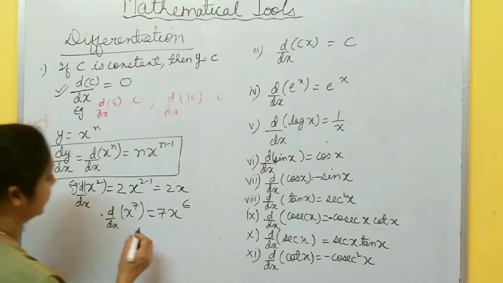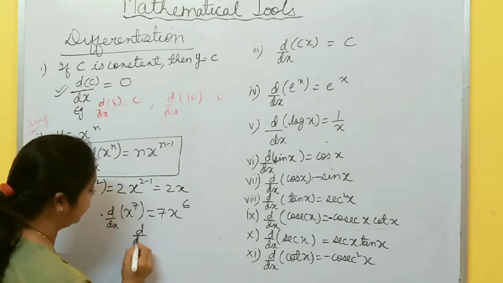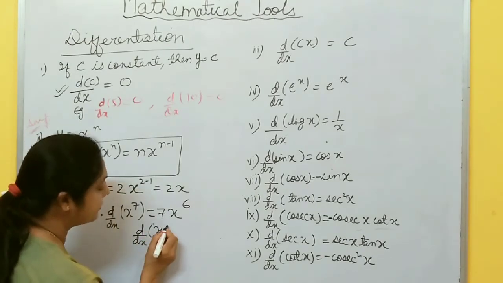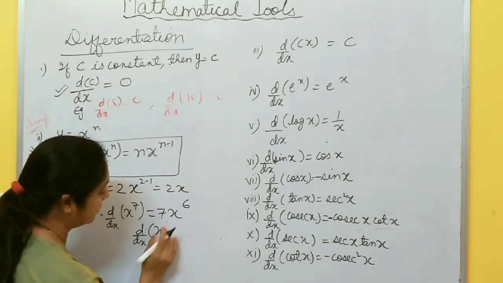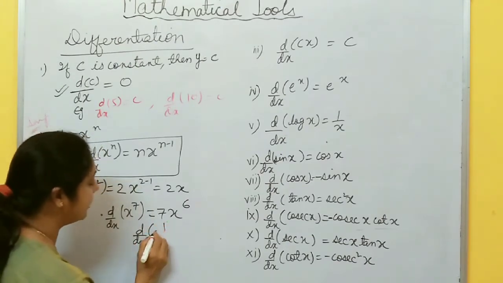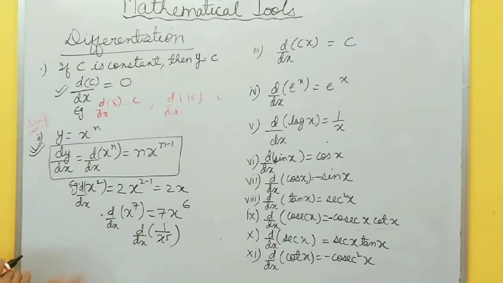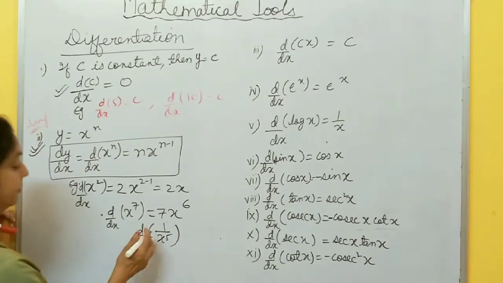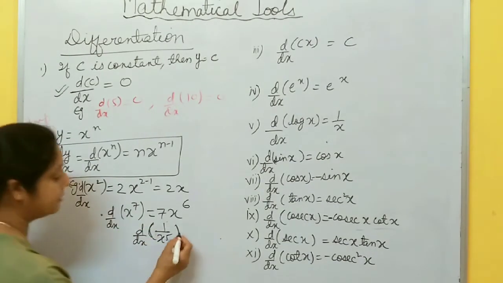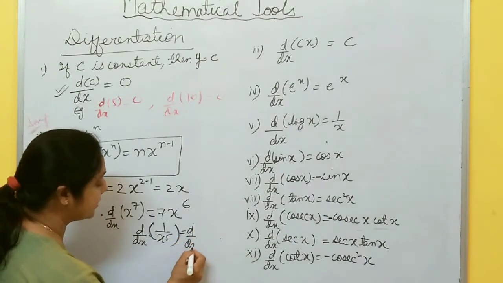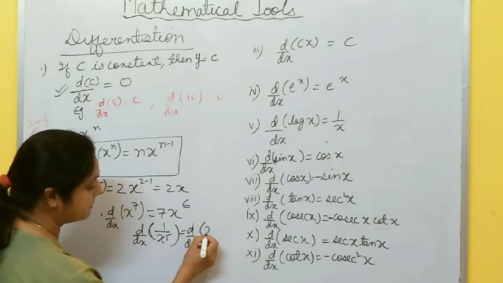Okay, one more. Differentiation of, tell me the answer. Suppose, in place of x, 1 by x to the power 5. Then in this case, what is the formula? 1 by x to the power 5 means x to the power minus 5. You can write this power in the numerator.